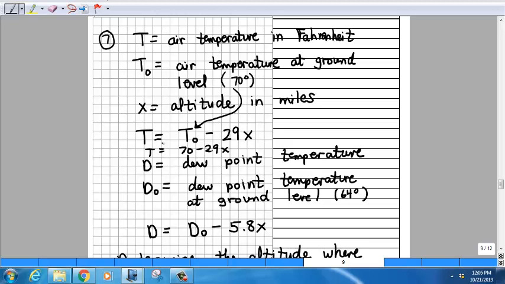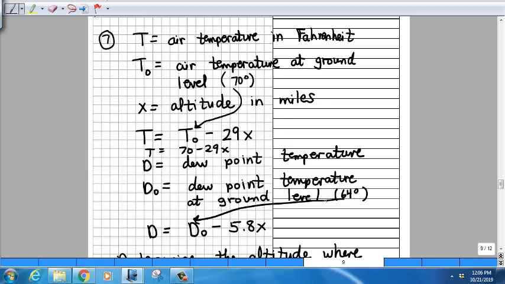The same thing happens with dew point. So the further you go up in the atmosphere, the dew point also goes down. Here's the formula that governs dew point. And so, again, this is a constant.